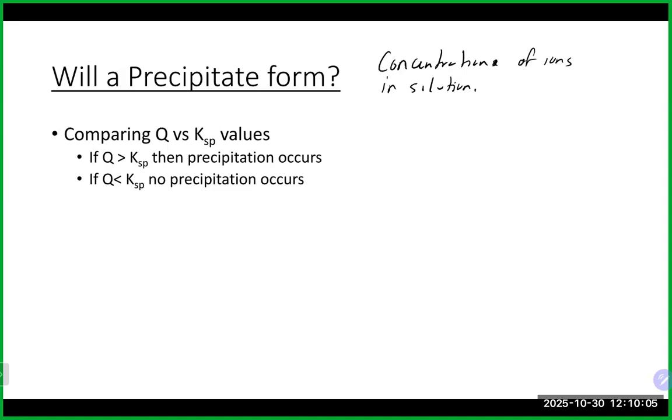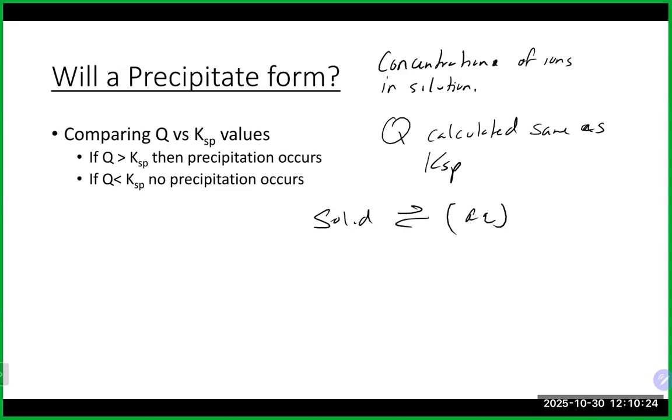This is where we use Q versus KSP. As we talked about earlier, Q is calculated the same as the KSP, with solid on the left and aqueous ions on the right.